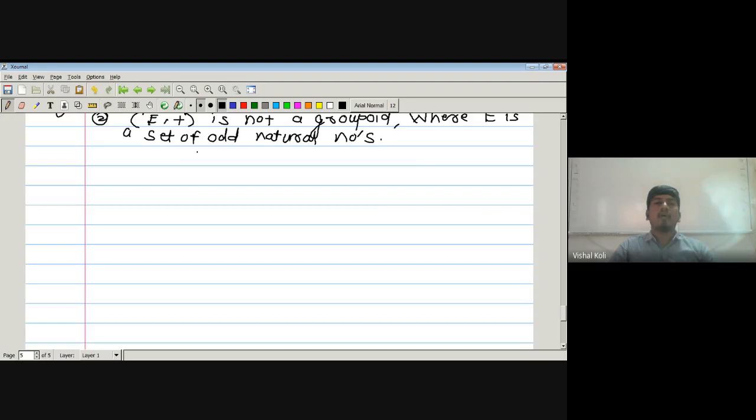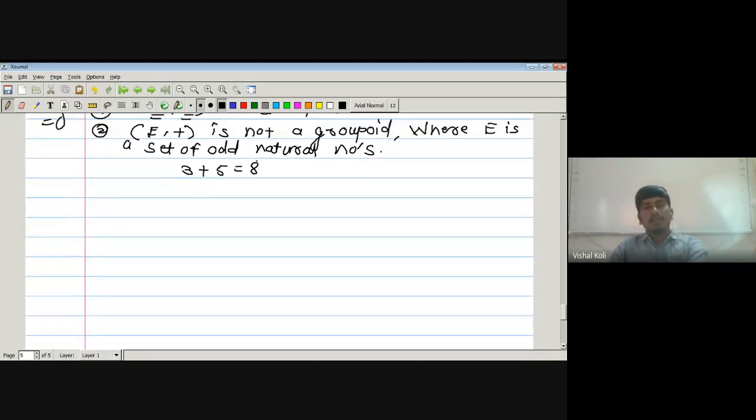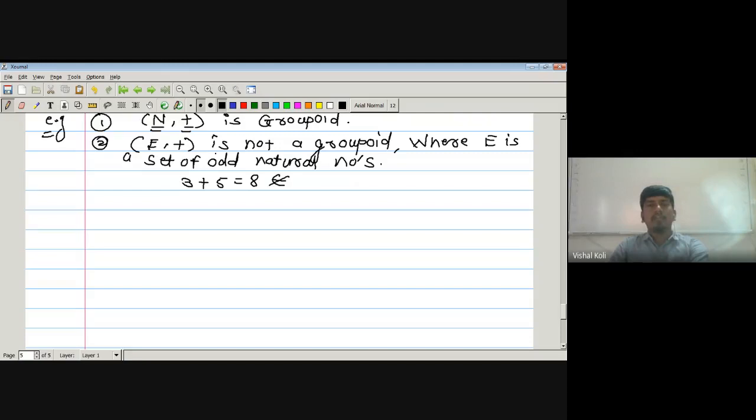If we take two odd elements, 3 plus 5, which is equal to 8, but 8 is not an odd number, it is an even number. Therefore, 8 does not belong to E. Therefore, E is not closed with respect to addition, so the set E with respect to addition is not a groupoid.